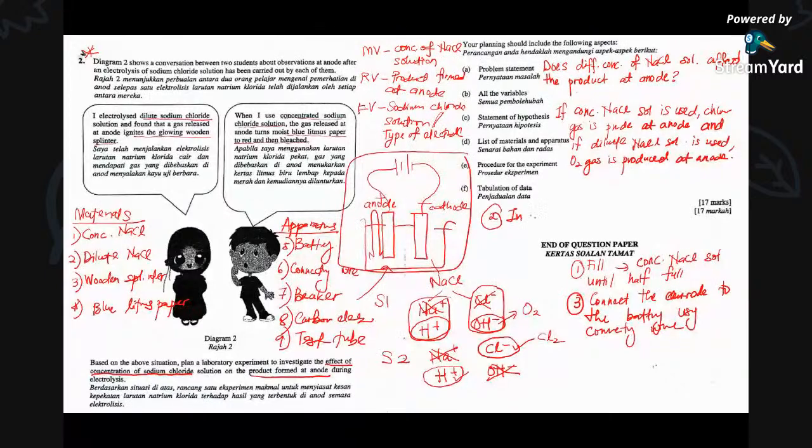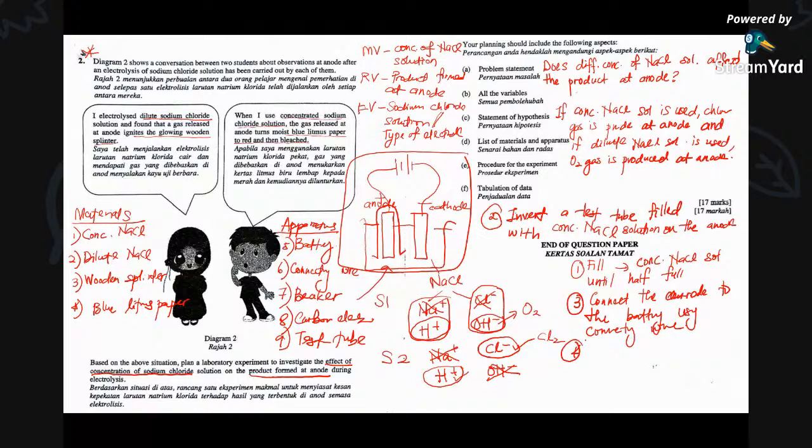Invert a test tube, fill with concentrated sodium chloride solution, on the anode. So it's supposed to be like this, so that you can collect the gas.